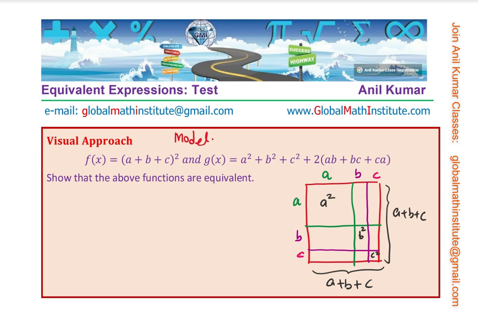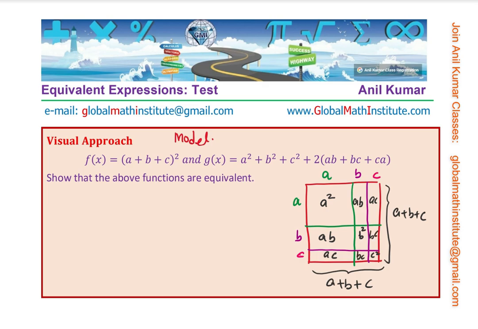But if I do ab, this is ab, and this is also ab, correct? And here, we have c times a. I could write this as ac. So c times a is ac. You get the idea. And here, we have bc and bc.